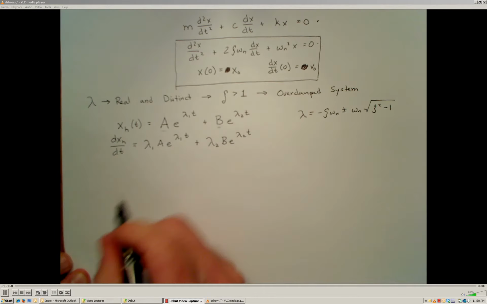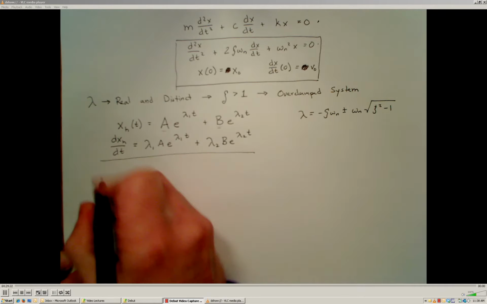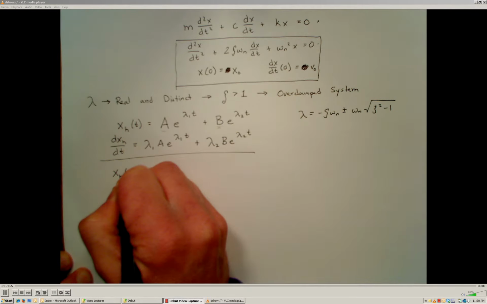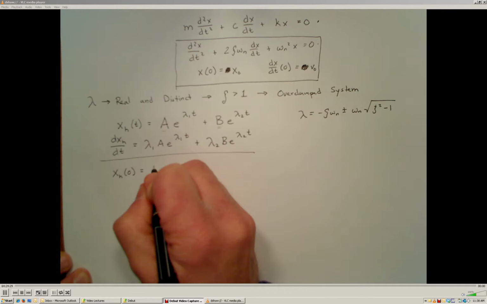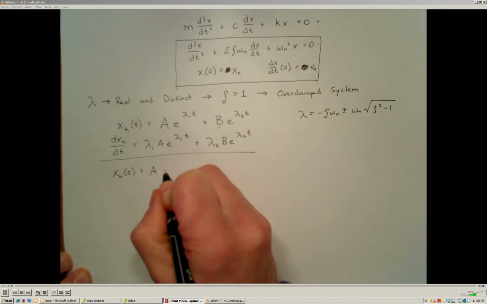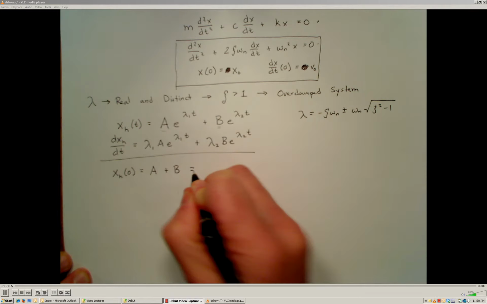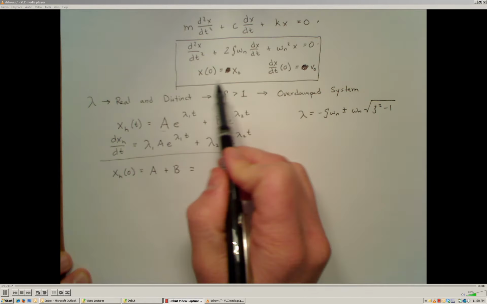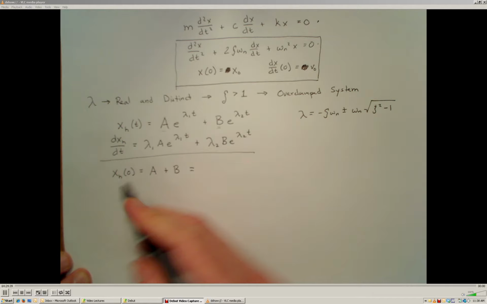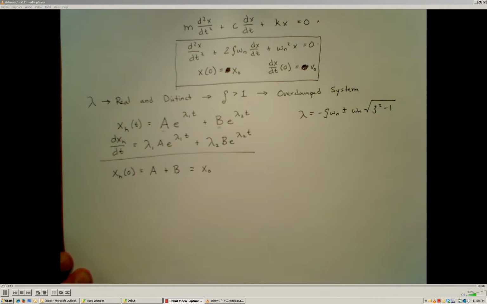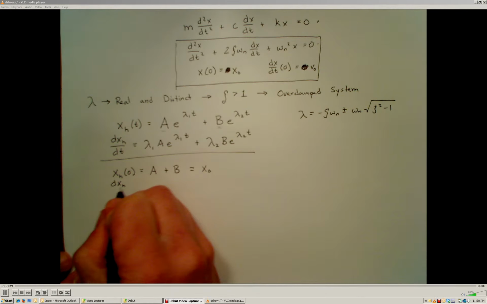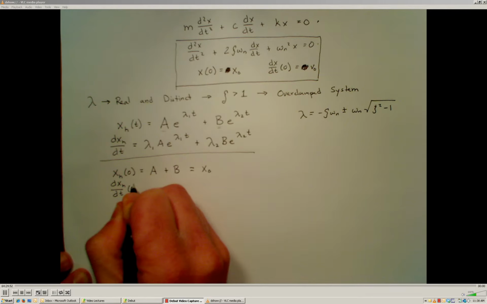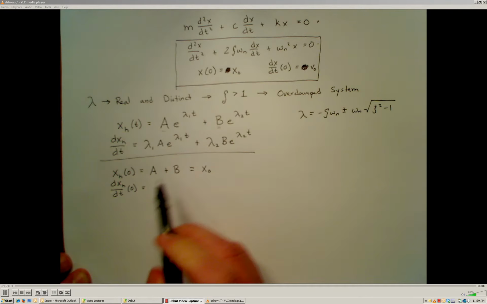Now I'm going to apply my initial conditions. At time equals 0, e to the 0 is 1, so I'm left with A plus B, and based on my initial conditions, at time 0 this value must be equal to x naught. I'm going to do the same thing with the derivative of the solution at time equals 0.